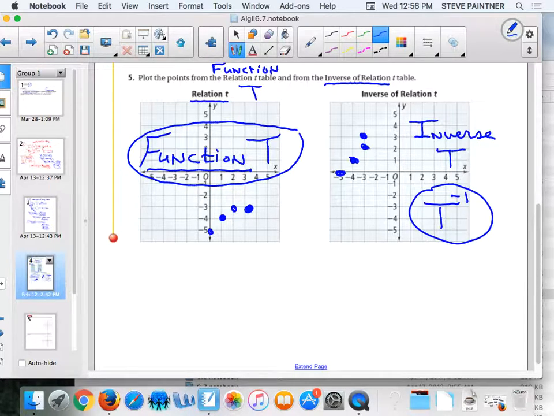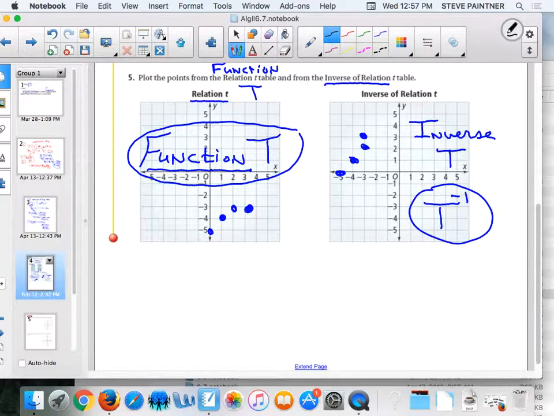Like a vertical line. That isn't a function because there's more than one y for an x. Can I get you started? Every x value gets exactly one y value.